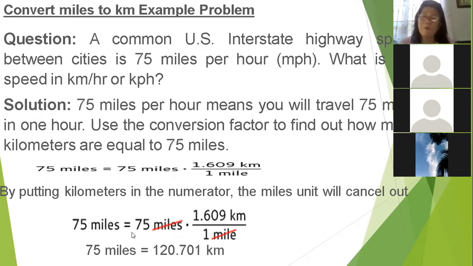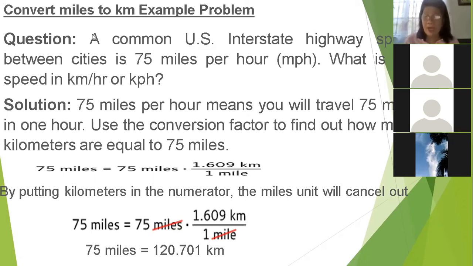Therefore, multiply 75 with 1.609. Therefore, 75 miles per hour is equivalent to 120.701 kilometers per hour.